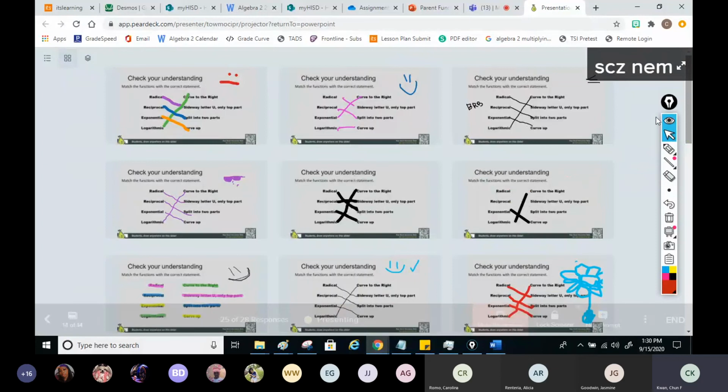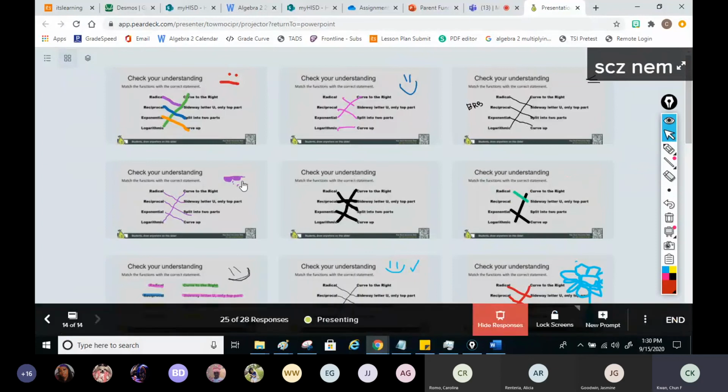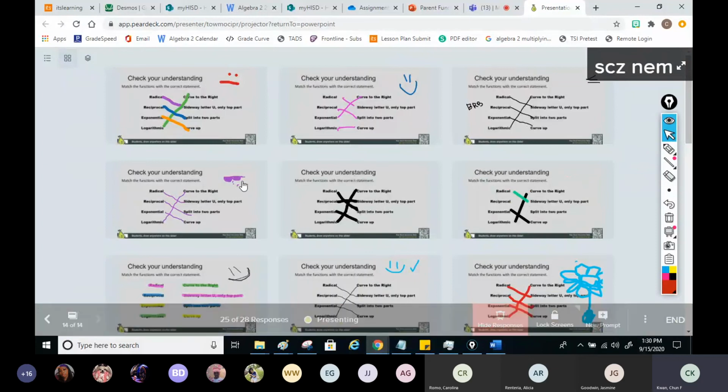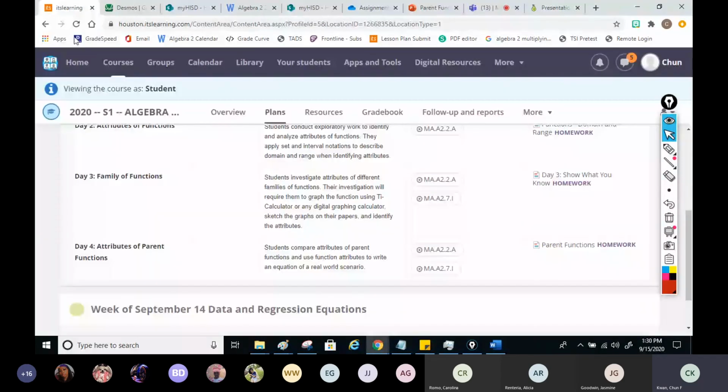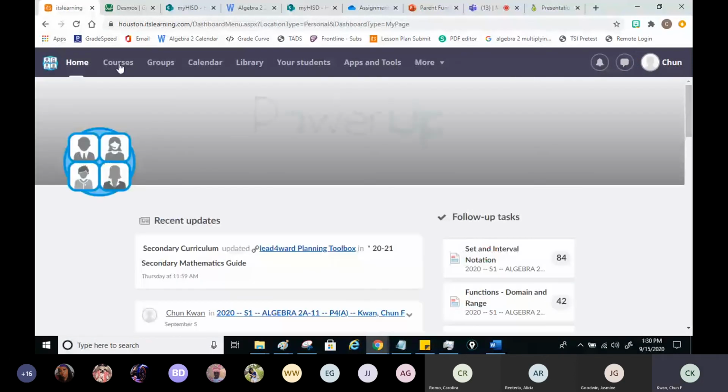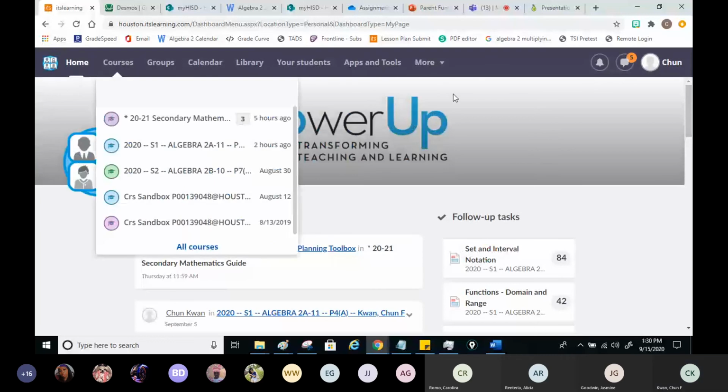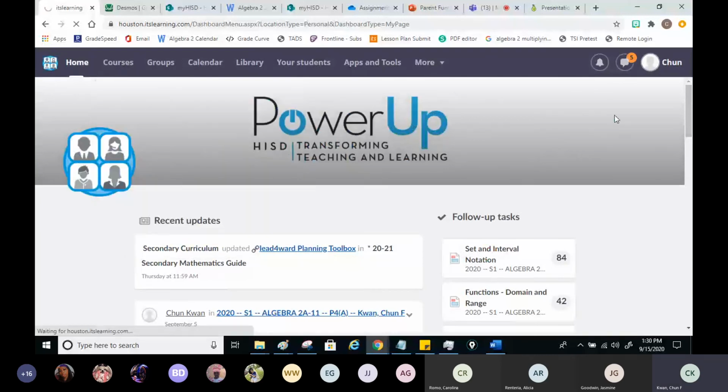Let me show you where your homework is at. Make sure you stay in the Microsoft Teams meeting and keep looking at my screen. When you go to the hub, you go to course, and then you go to your Algebra 2 class.